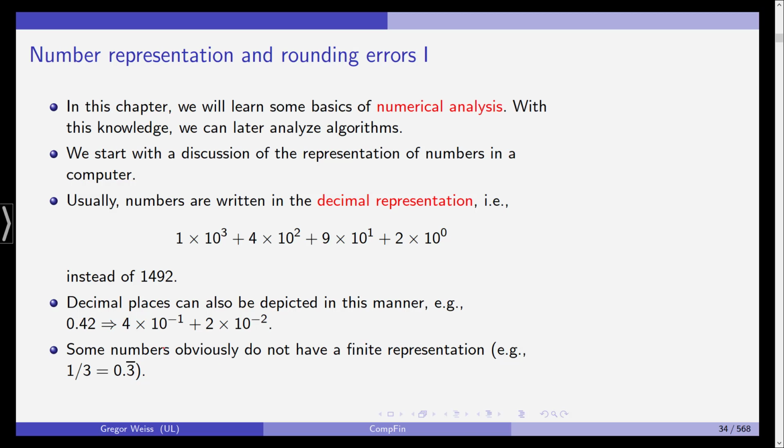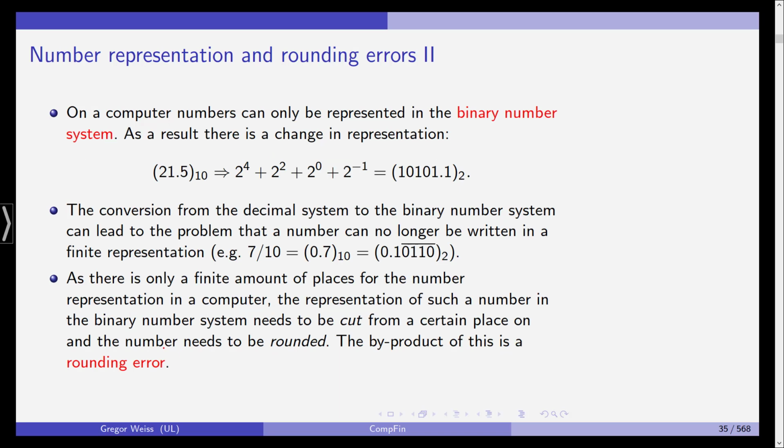Then in this decimal representation, we can see that some numbers obviously do not have a finite representation. For example, 1/3 is 0.3 repeating. Okay, so it's an infinite representation, so this number, 1/3, would cause some problems in the decimal system. And it looks different on a computer when you switch to the binary system.